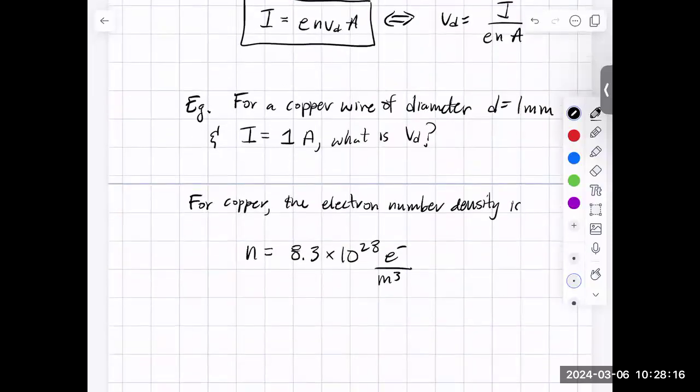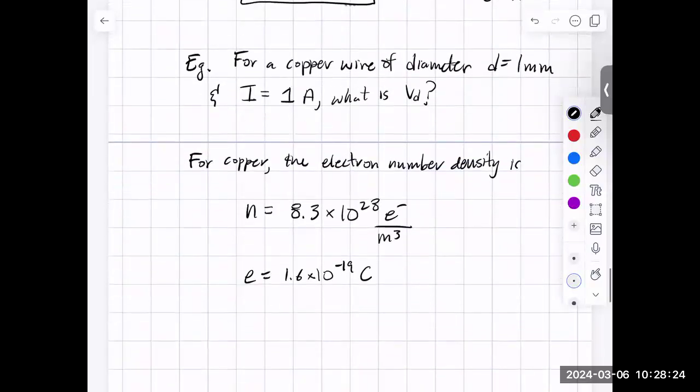Anyways, the other thing we need to know is the charge of the electron. That's 1.6 times 10 to the minus 19 coulombs. So this is just a plug-in numbers type of question. We need the current, which we're given as 1 amp. We need the charge of the electron, which we just wrote down.